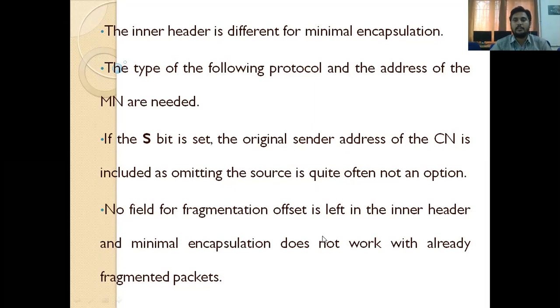So automatically the sender address is placed there in the 32-bit packet. No field for fragmentation offset is left in the inner header, and minimal encapsulation does not work with already fragmented packets. If the packet is already fragmented, minimal encapsulation does not work. There you have to use IP in IP.